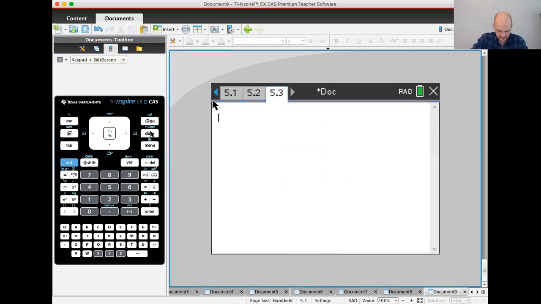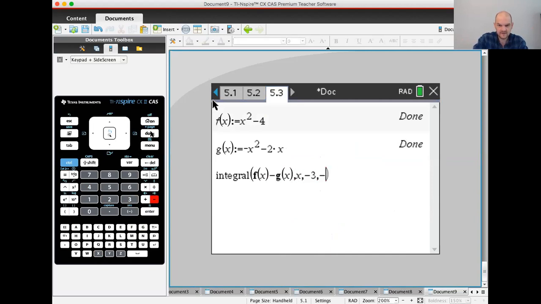All right, so I need to do, I'm just gonna store them the way that I had them. f of x is x squared minus 4, g of x is negative x squared minus 2x, integral f of x minus g of x, that's top take away bottom, -3 to -2, plus integral g of x minus f of x, comma x from -2 to 1.